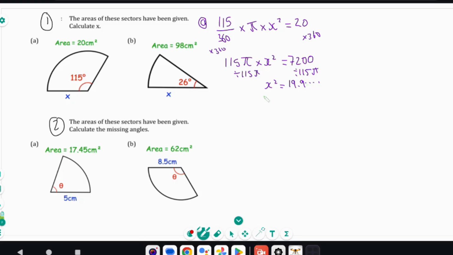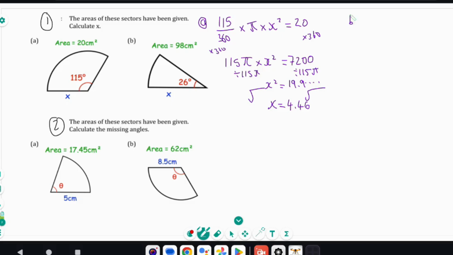You might have done that in a slightly different way to me. And then I'm going to square root both sides, which reverses the square, which gives me x is 4.5 to one decimal place, or three significant figures, 4.46.